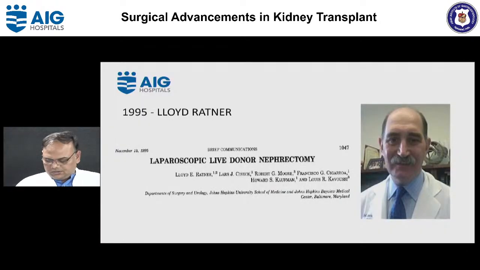The first laparoscopic live donor nephrectomy was performed by Lloyd Ratner in 1995, and after that the whole world took it seriously and most people now do it, and open donor nephrectomy is performed rarely nowadays.